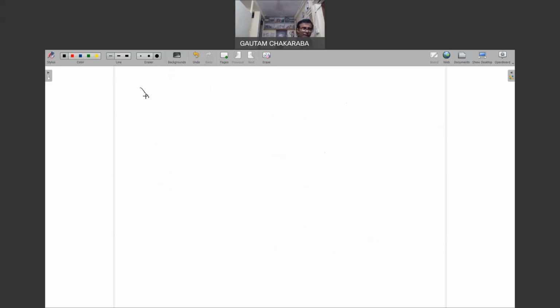Okay, now next is square root and logarithm of complex number. Z is equal to A plus IB. Then square root of Z is equal to plus minus. This is the important identity.